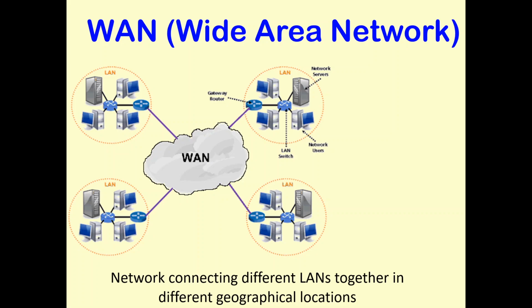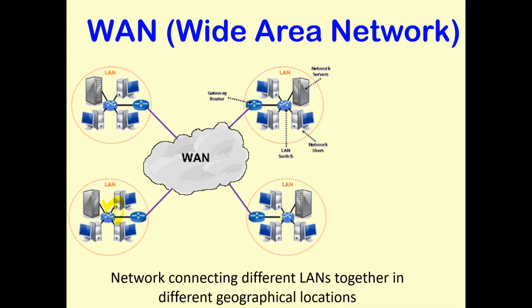Okay, so how is a wide area network different? We've just looked at LAN. What is different about a WAN, wide area network? Well, this is where you have different LANs connected in different geographical locations. It could be across a city, across the country, or even across the world. So you've got multiple LANs connected in different locations.